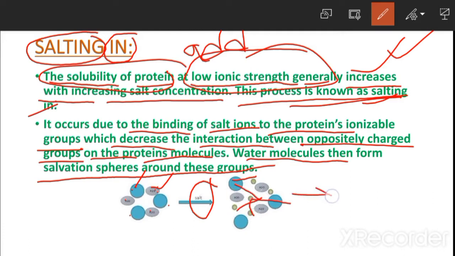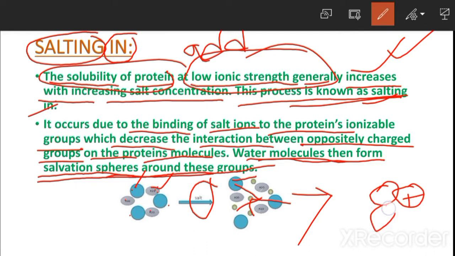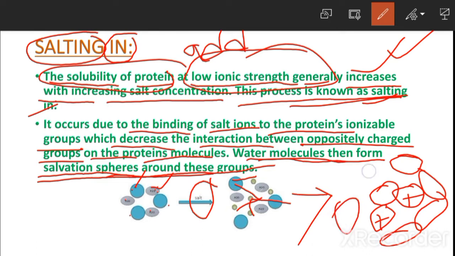And then water molecules form a solvation pair around this group. Then water molecules make a sphere on this group. Sphere means a round type, a sphere on this group, the protein and salt group.